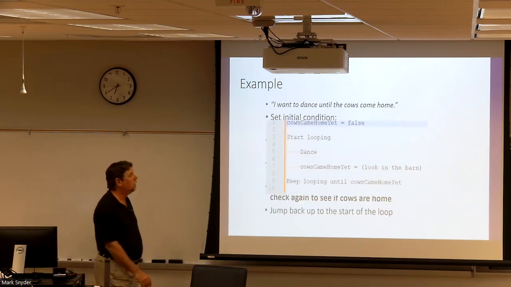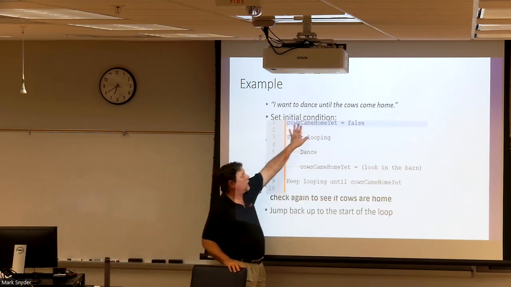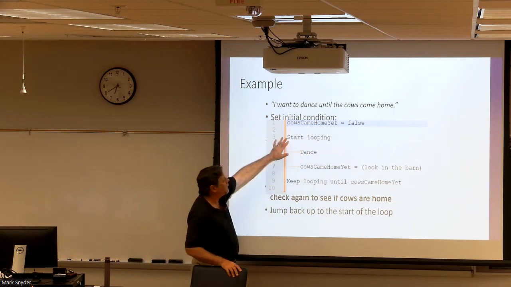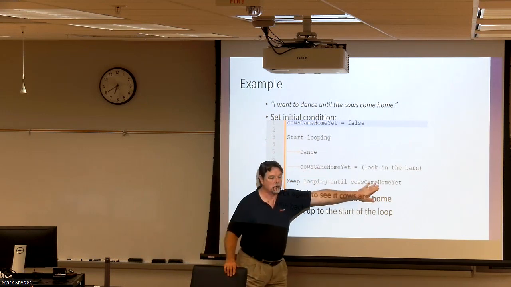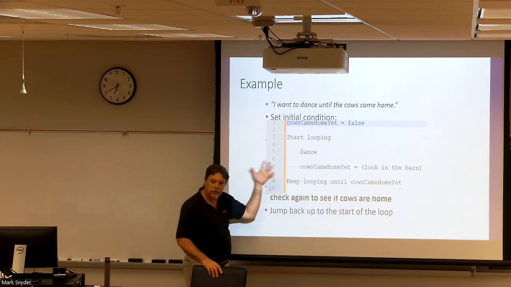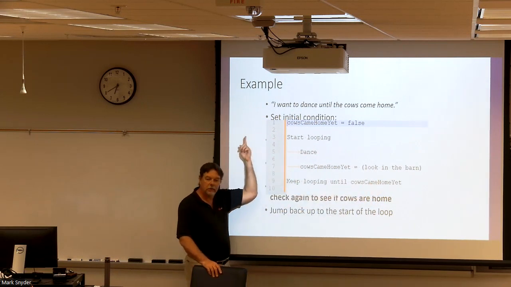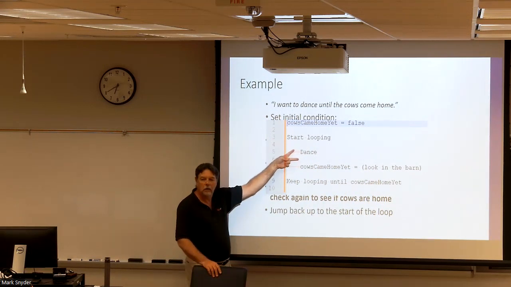There's another one. Setting our initial condition. Cows home yet is false. Start looping. Dance. Go look in the barn. Keep looping until cows came home yet. And what's the big difference with this one over the last two? Equals? No. Think about the work to be done.